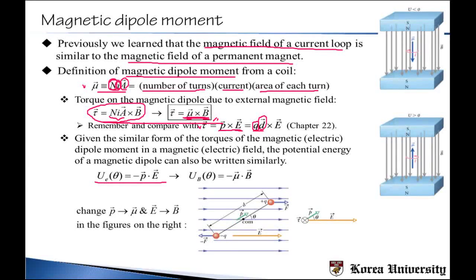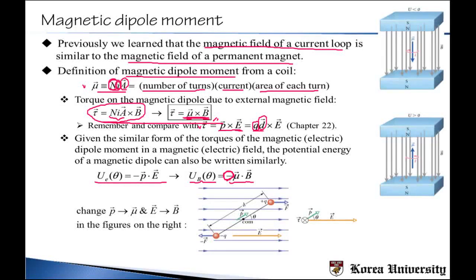So using this similarity, now we will express the potential energy of the magnetic dipole moment in the magnetic field as a dot product between the magnetic dipole moment and the magnetic field. And then again, why do we have the minus sign? It is because when the magnetic moment is oriented exactly parallel to the magnetic field, that will be the lowest point of energy, the minimization of potential energy. So for that reason, we just put a minus here.